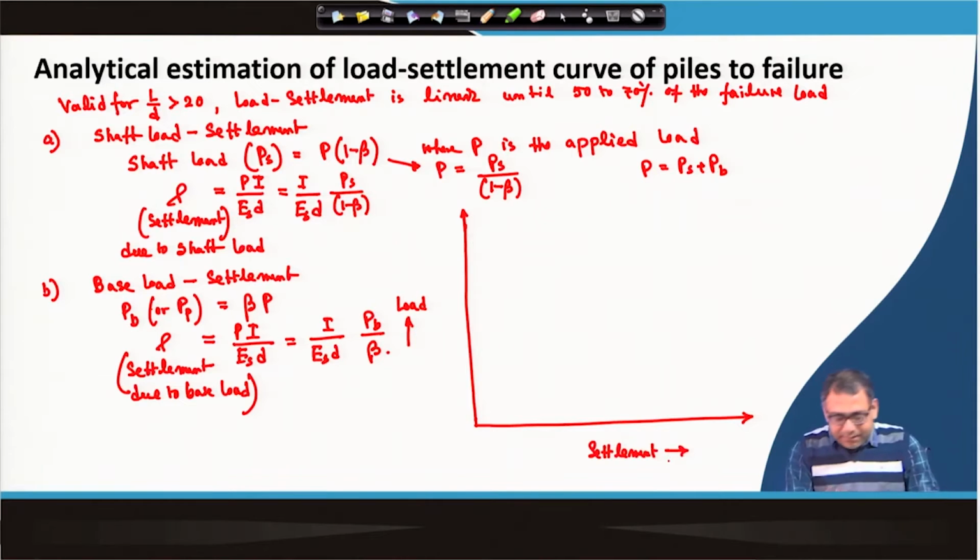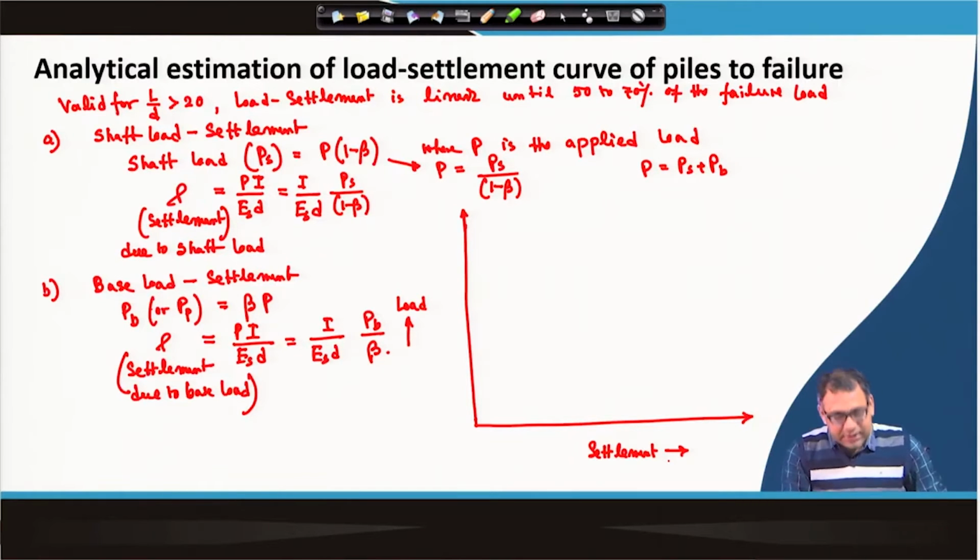Okay. So, as I mentioned, initially the friction resistance will be mobilized, then the tip resistance will become active, and it is not that during the friction resistance mobilization there will be no tip resistance. There will be tip resistance, but that amount will be less compared to the friction resistance.